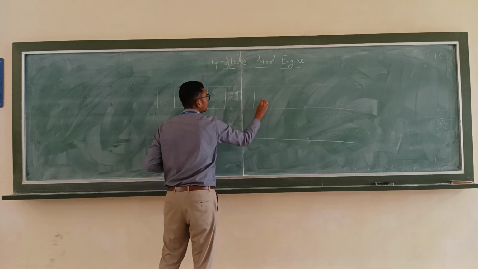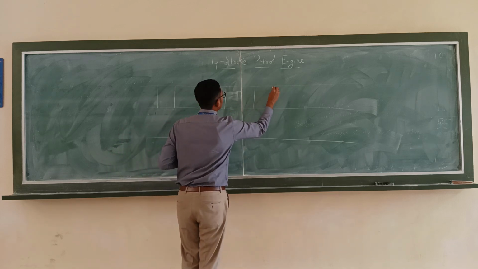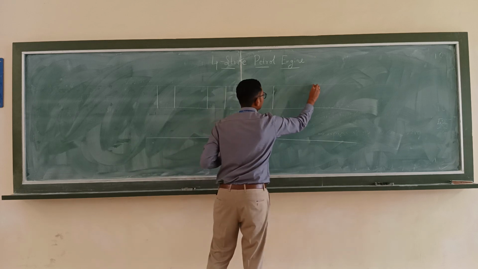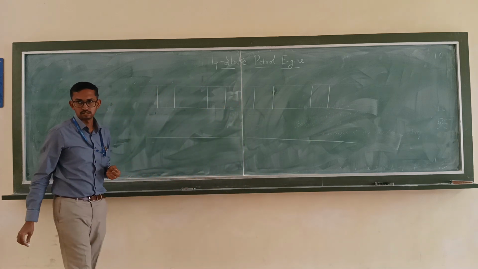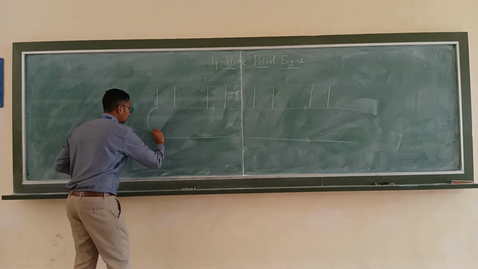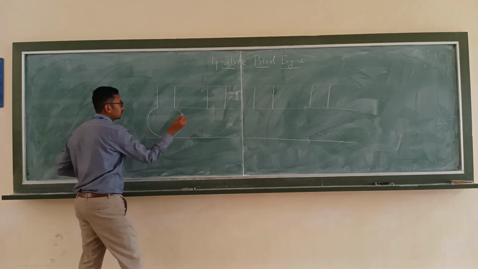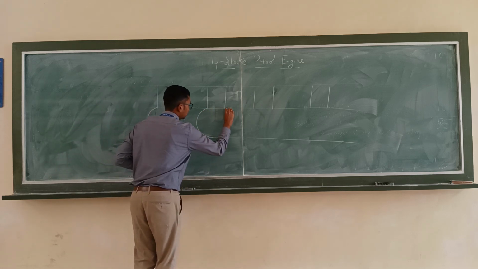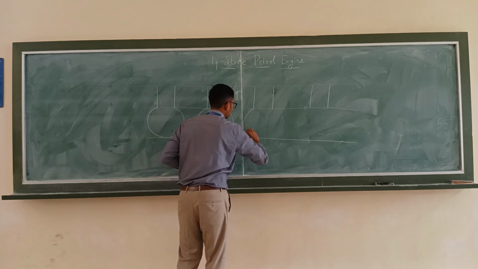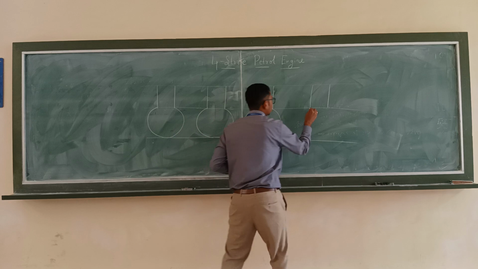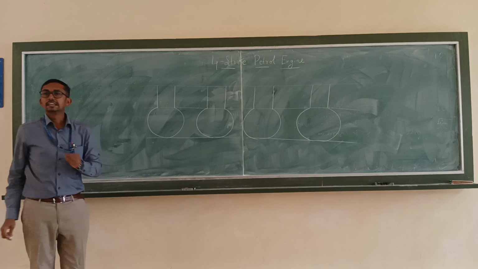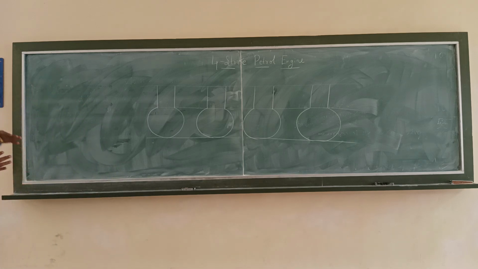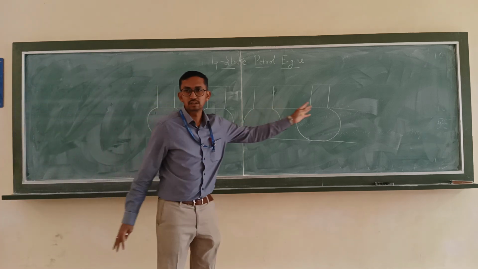Another cylinder, another one, and this is the cylinder. Next, the crankcase. See, if we draw 3 parallel lines, we are going to get similar cylinders.